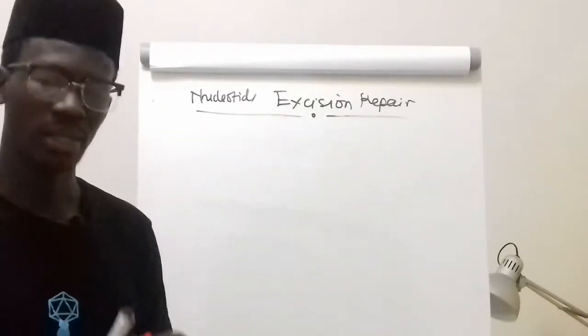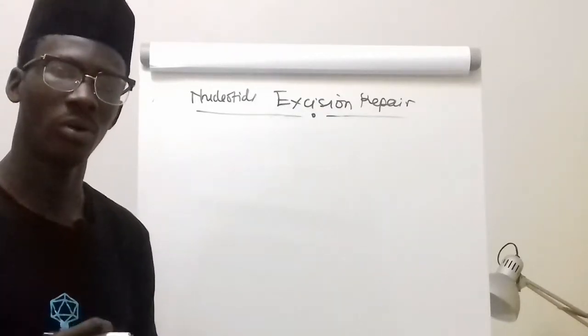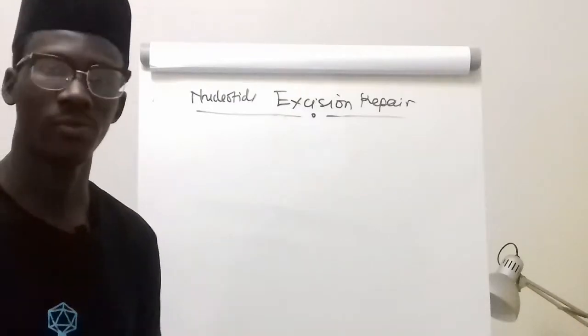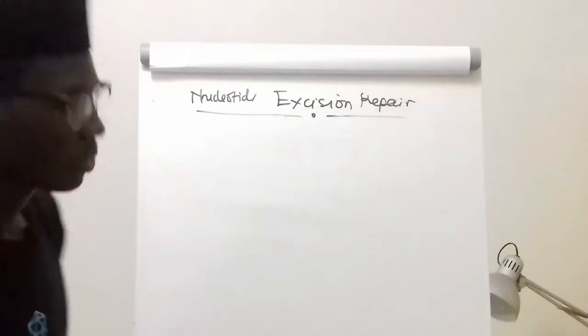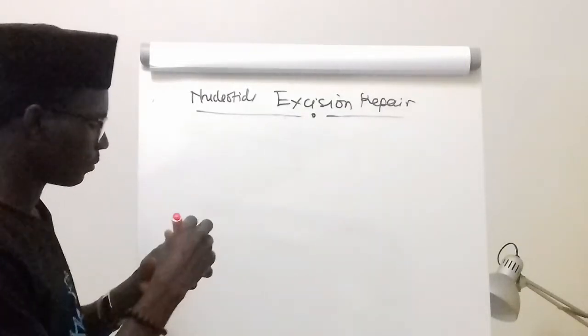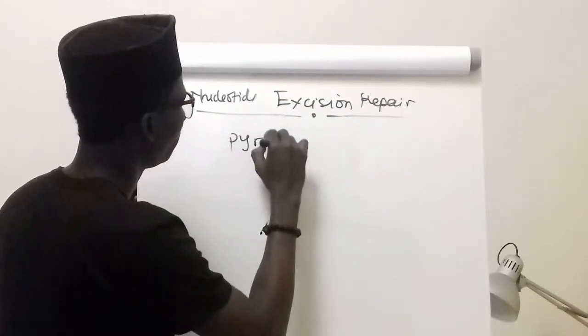And how does this start? Most of the time, from research, what we have been able to observe so far is that the major distortion is the formation of pyrimidine dimers.